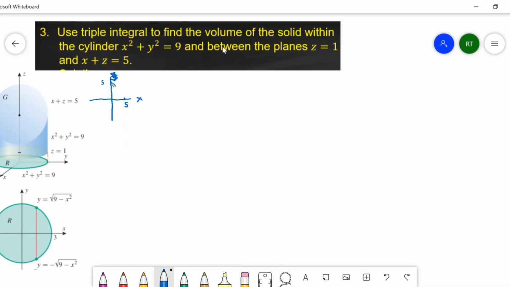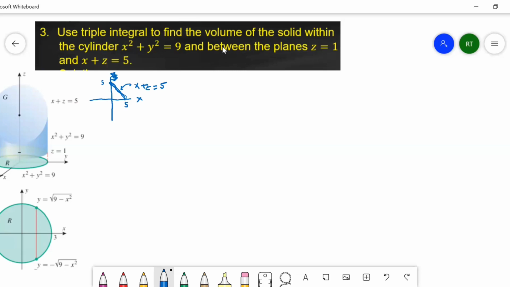So the plane is this. This is actually the plane cutting the circular cylinder. And you can see here the upper base of the cylinder, which is the plane x plus z is equal to 5.